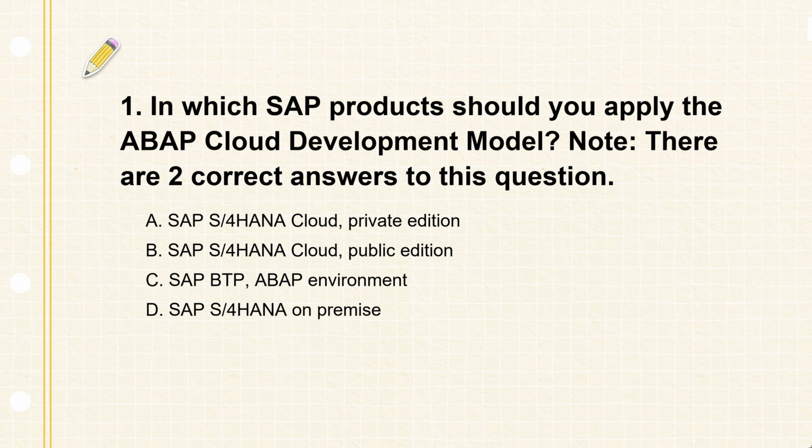And take a look at the 4 options for this question. Correct. The ABAP Cloud Development Model is designed for the cloud environment, including the private edition of SAP S/4HANA. Incorrect.